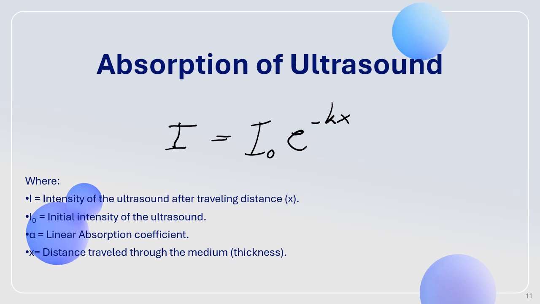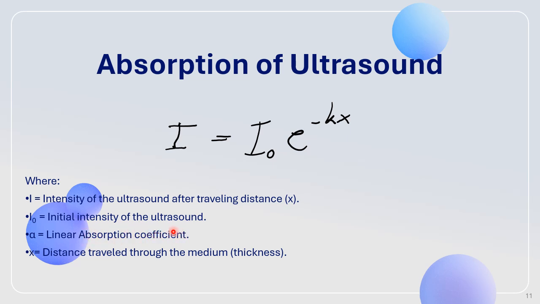Right? So the formula is I equals I naught e to the power negative alpha x, where I is the intensity of the ultrasound after traveling a distance, and I naught is the initial intensity of the ultrasound. Alpha is the linear absorption coefficient. This depends on each particular medium.